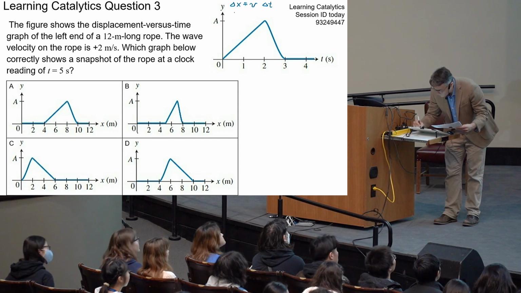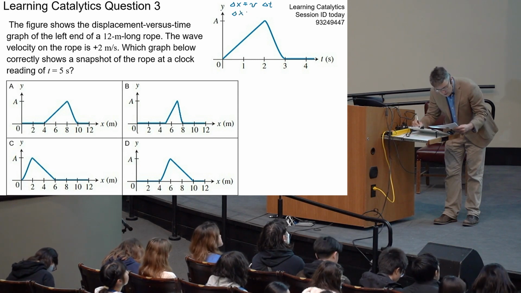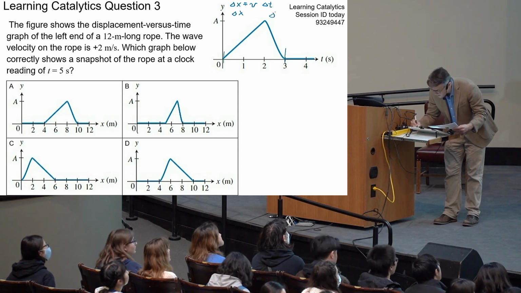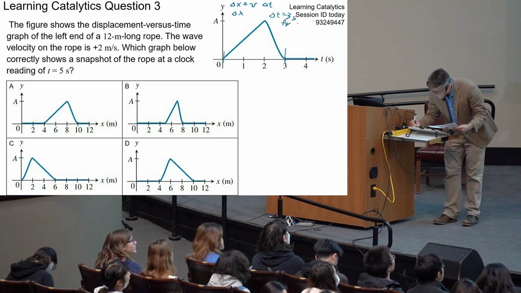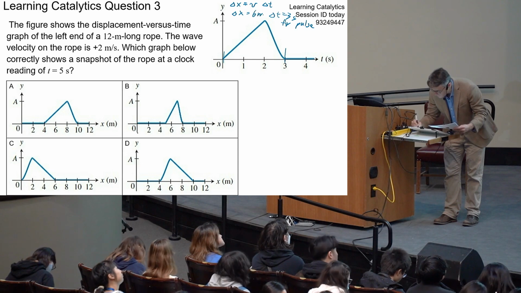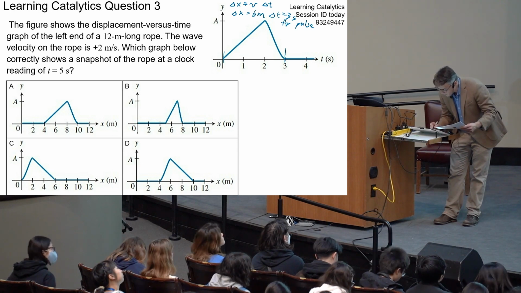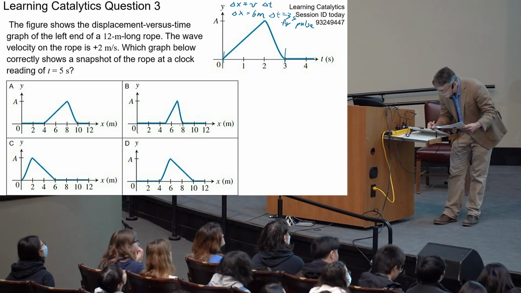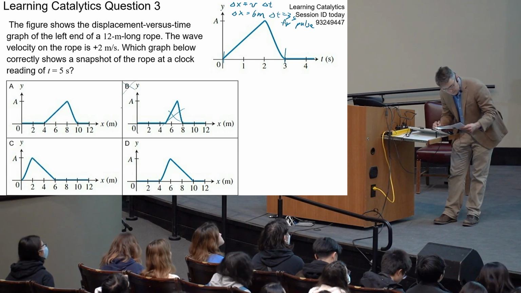If delta t is 3 seconds for the pulse, then I can say that delta x is going to be like 6 meters. So I need something that's 6 meters wide for sure. I think this isn't going to work since 5 minus 8 is 3. So that rules out B right there.